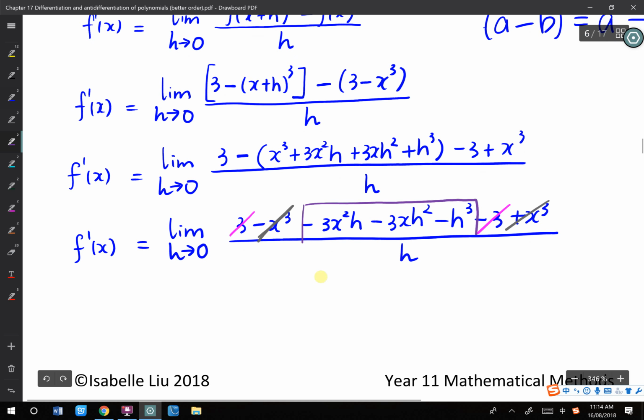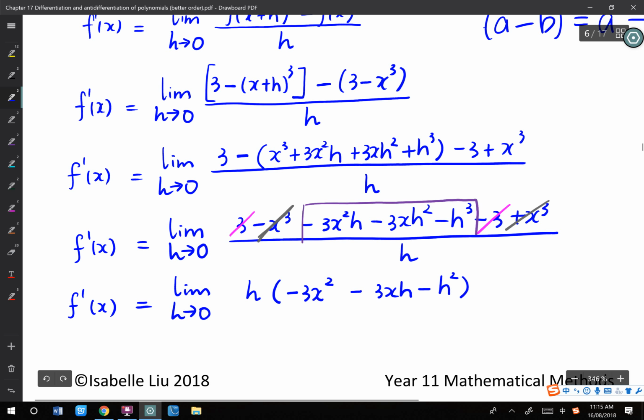So everything's all right. So f'(x) equals the limit as h approaches 0. I can factorize the top. Well, the only common factor we have is h. So we have h times (minus 3x squared minus 3xh minus h squared), divided by h.